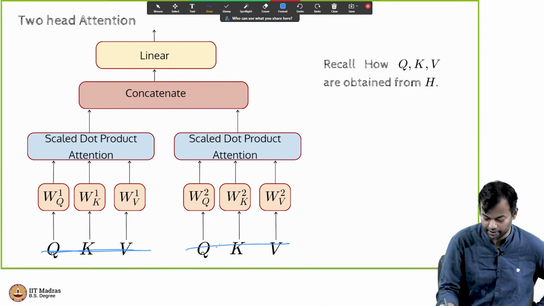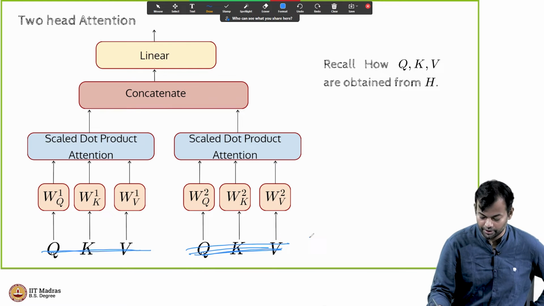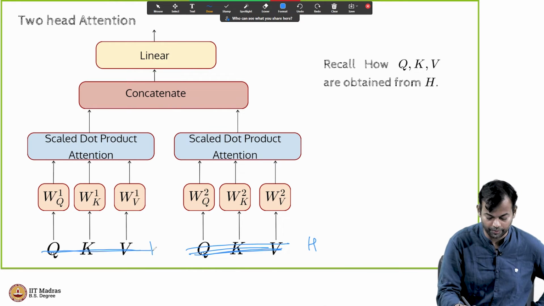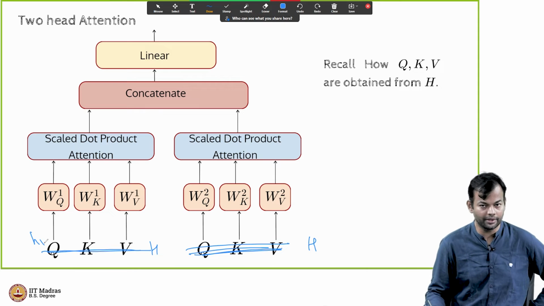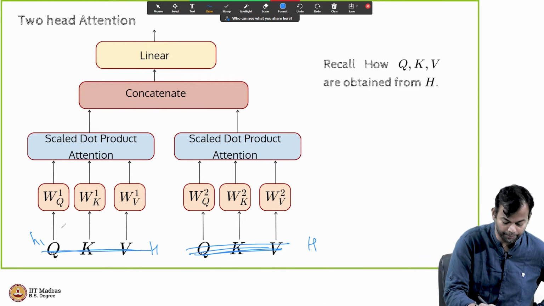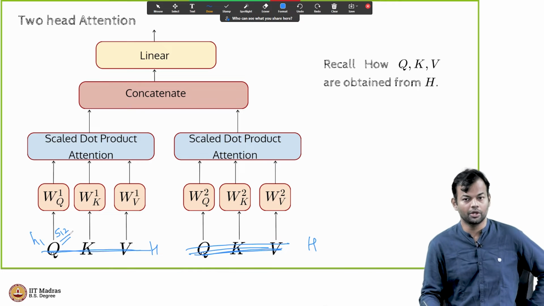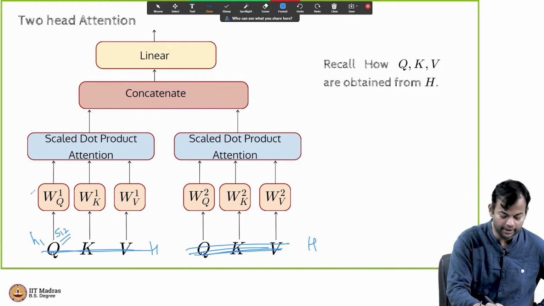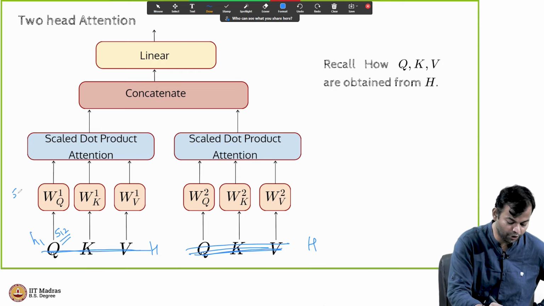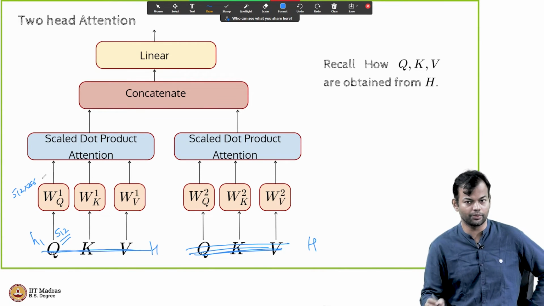So this is the H here, and let's just focus on H1. Now suppose H1 was a 512 dimensional vector. So now what I could do is I will choose W to be 512 cross 256. I'm just giving you some example.